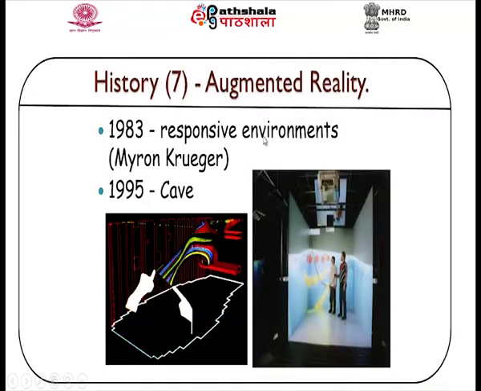So then in the year 1983, augmented reality came into existence, invented by the person named Myron Kruger, where it is possible for users to interact with the system as though they are also part of the entire system. So here we can see two people standing inside a room where they are interacting with the system.